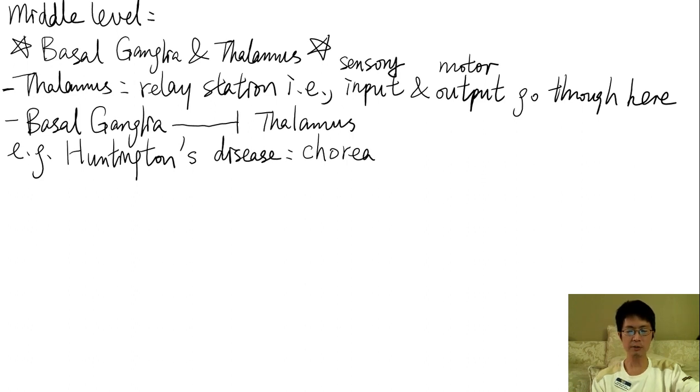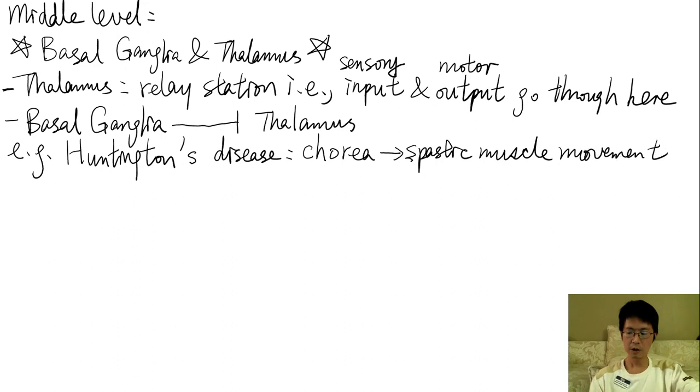For Huntington patients, they have this spastic muscle movement. Meaning that suddenly they will move very dramatically, as if they are dancing. But it is uncontrollable. They cannot control it. Suddenly they will move a very large movement. It is not something that they intentionally do in public to catch people's attention. No. It is called a chorea.